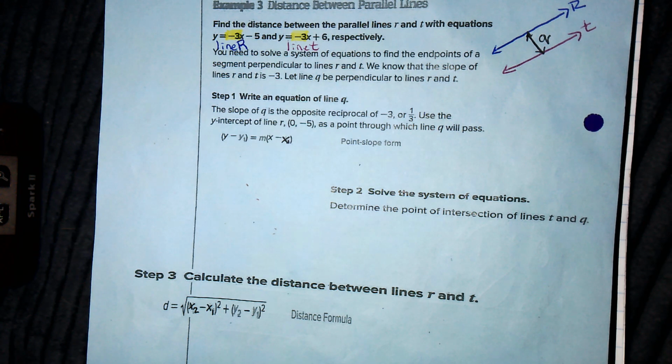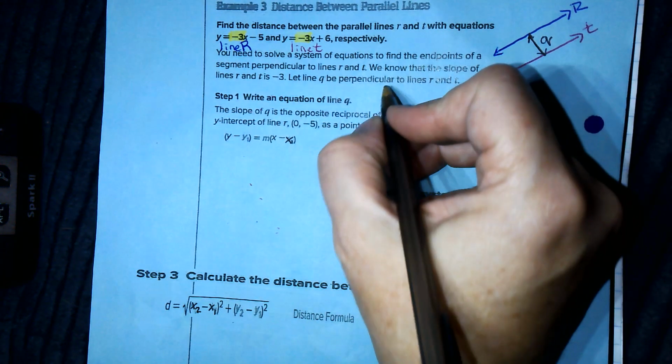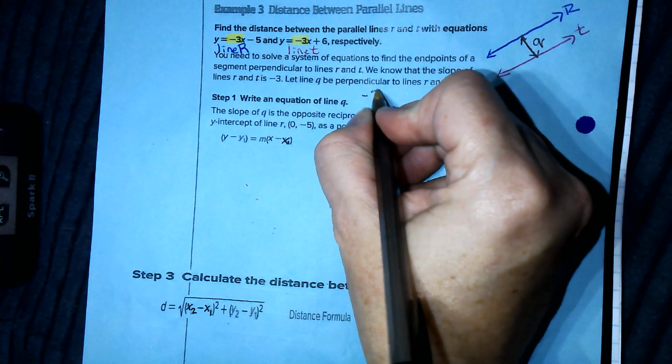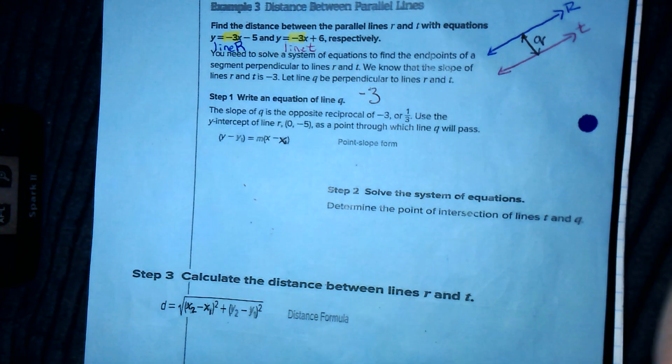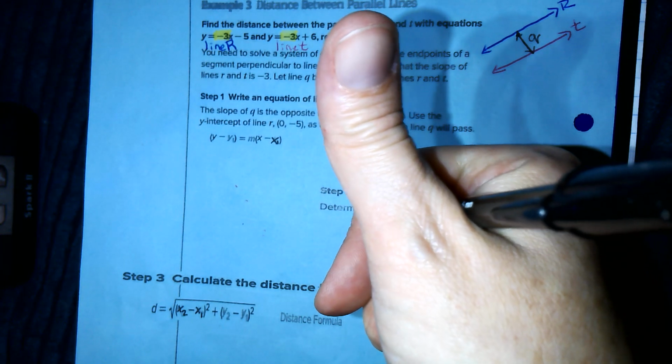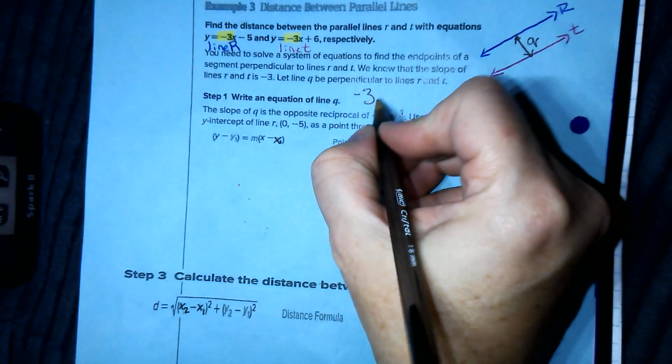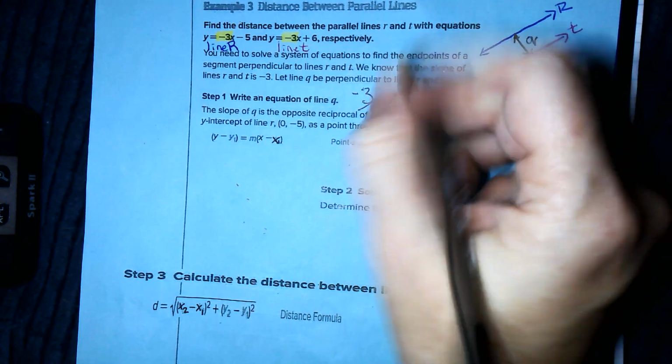So what do I know about my slopes? All right, so if I have a line, it has to be perpendicular, so I know that my slope here is -3. To be perpendicular to that, I would need to flip the fraction and then do the opposite sign. Well, this is a whole number. To make it a fraction, I put it over 1.